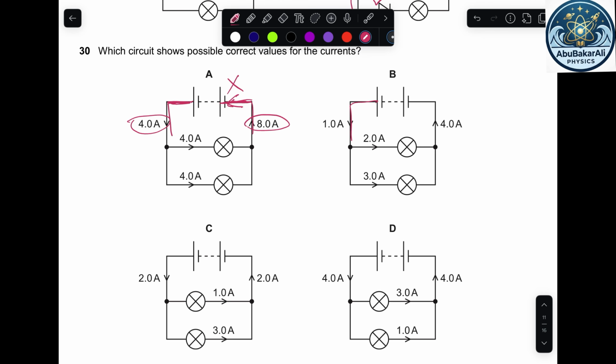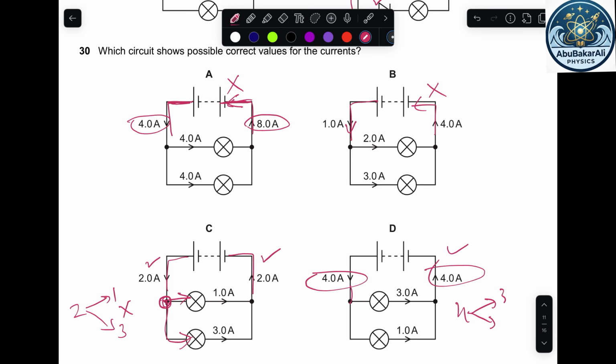B, 1 is leaving the battery and 4 is coming, that is wrong. 2 is leaving, 2 is coming back, okay, correct. When 2 ampere reach there, it is divided into two parts. 2 is divided into 1 and 3, that is not making sense. Okay, here the 4 is going, 4 is coming, that is correct. 4 is divided into two parts, 3 and 1. If you add them, you will get 4, that is correct. Option D.